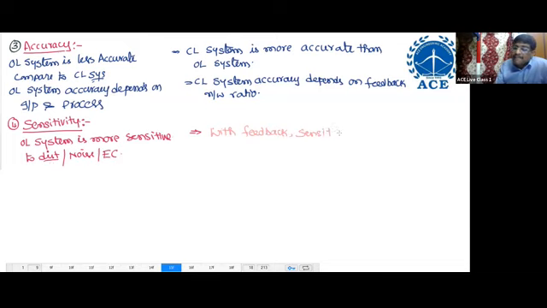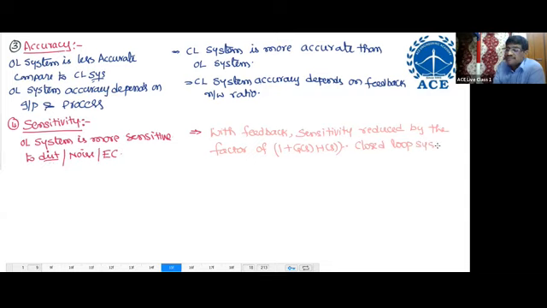Sensitivity reduced by the factor of 1 plus G of S H of S. That means closed loop system is less sensitive to disturbance, noise, and environmental conditions.